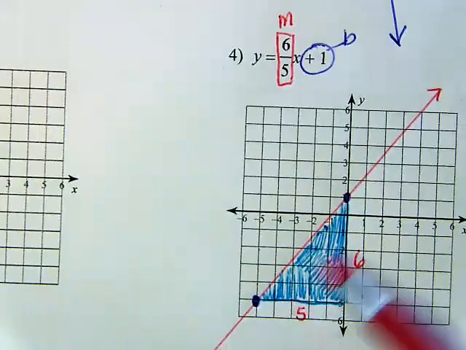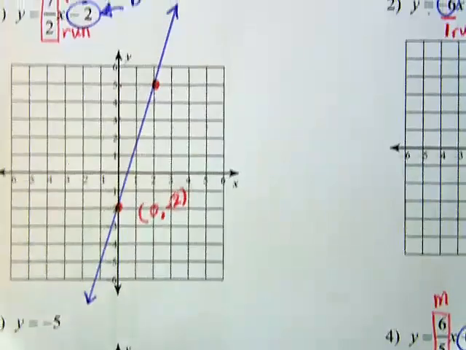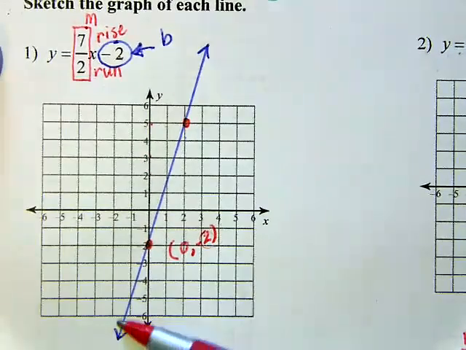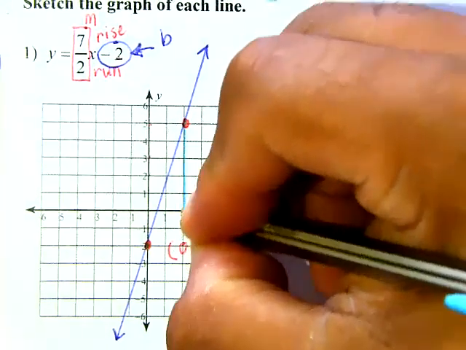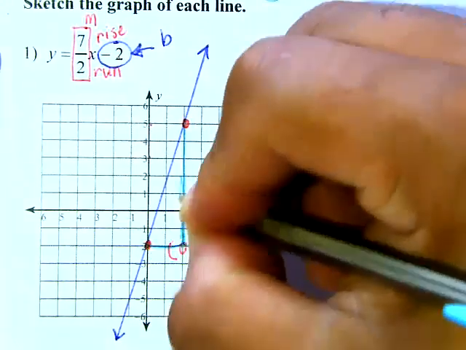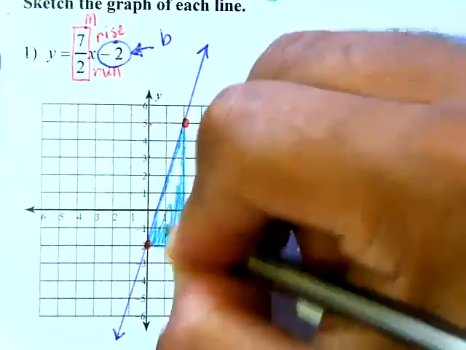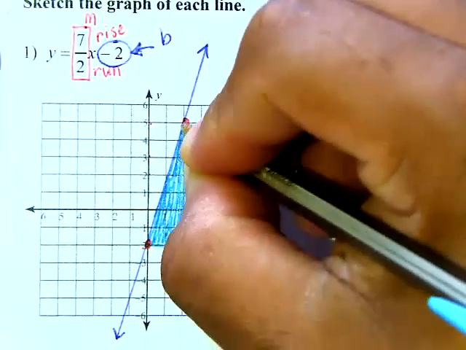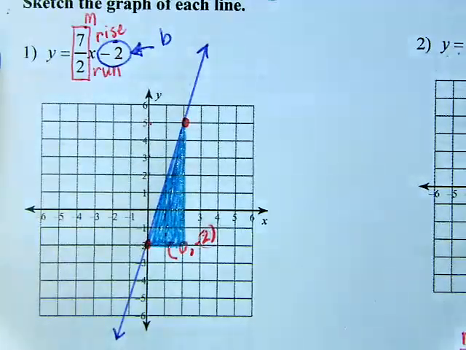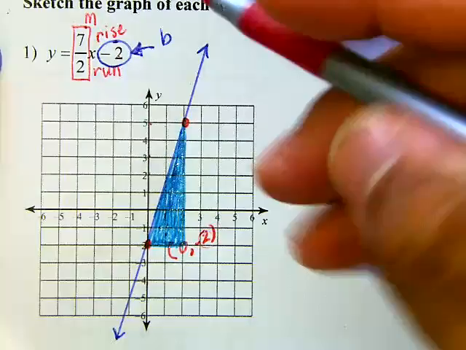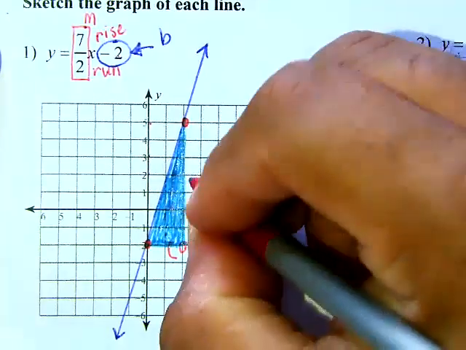All the other ones are going uphill, rising from left to right. So that's uphill, positive slope. This one is rising from left to right, it's going uphill. If I make my triangle and shade it in so you can see it better, and I count my rise and my run, my rise is 1, 2, 3, 4, 5, 6, 7.